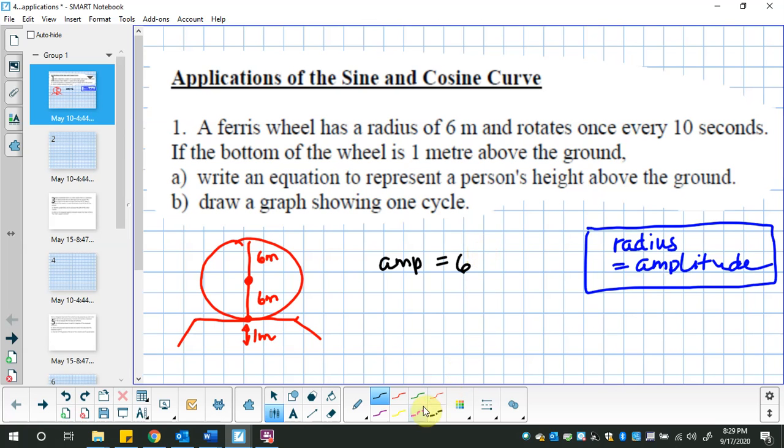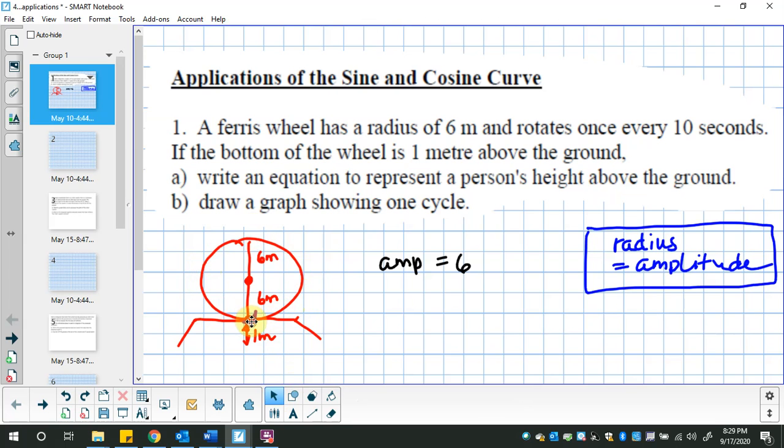I am assuming, and I hope this is a correct assumption, that when I ride a Ferris wheel, I don't get on at the top, or on the side. I get on right here, because that's where the platform is. And then this seat will rotate up and then down again, and then up and then down again.